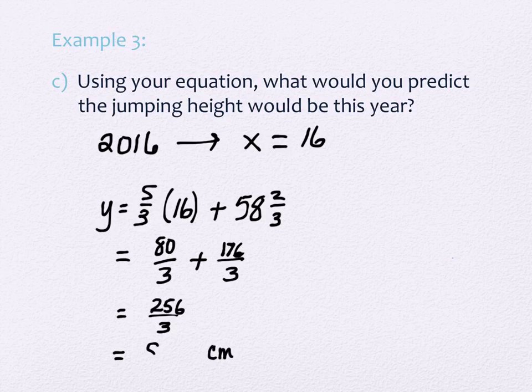Divided by 3 is 85 and 1/3. I have 0.3 repeating, so 85 and 1/3. So my one is 89.5. Oh, you're close. Yeah, absolutely. My answer from last semester was 90. We're in the same ballpark. All right, tiny little bit more.